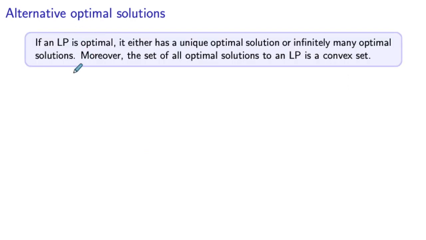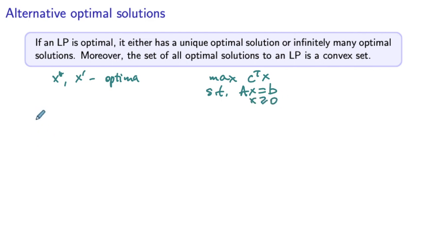So assume that you have 2 optimal solutions, x star and x prime, which are alternative optima, and assume that the problem we are dealing with is maximize c transposed x such that Ax is equal to b, x is greater than or equal to 0. This is an LP in the standard form.